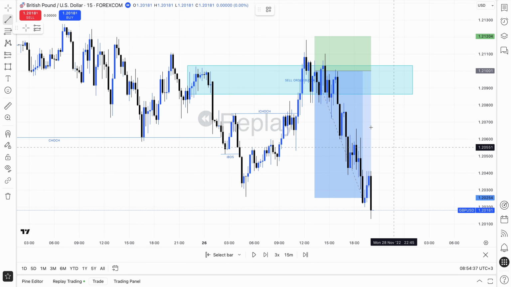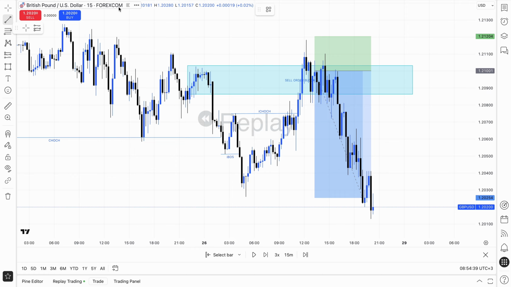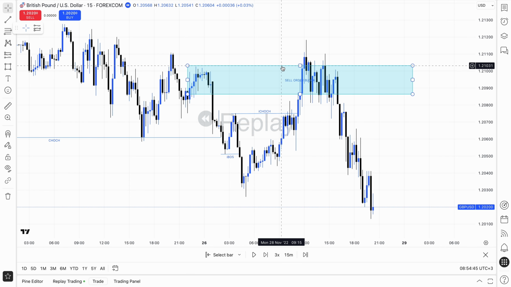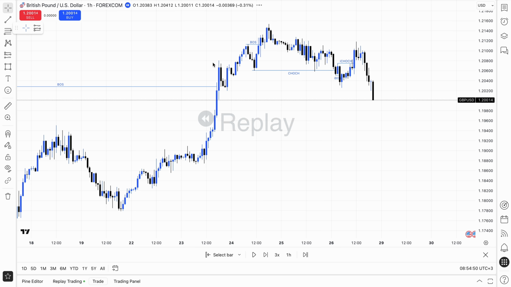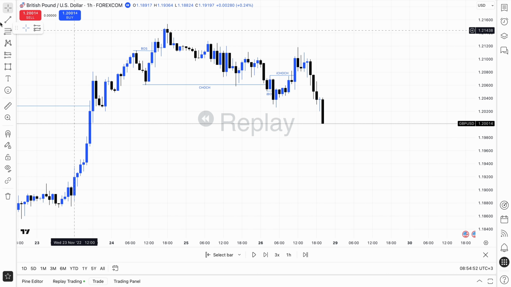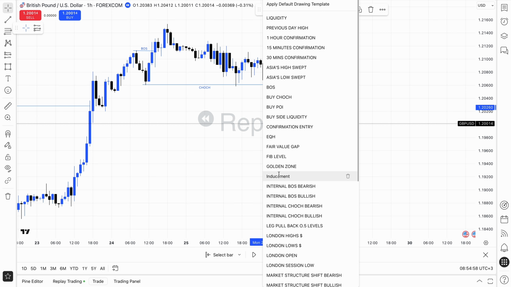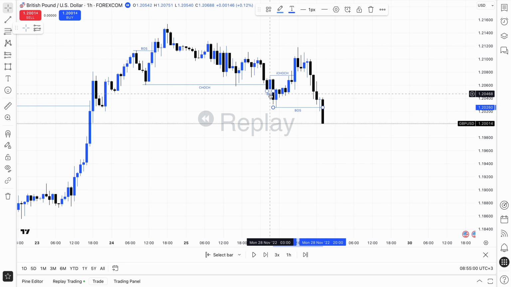Hit our first take profit, you can see it. Then delete this, then you go back to our external structure. And if you see our external structure, you can clearly see that we have our break of structure to the downside.